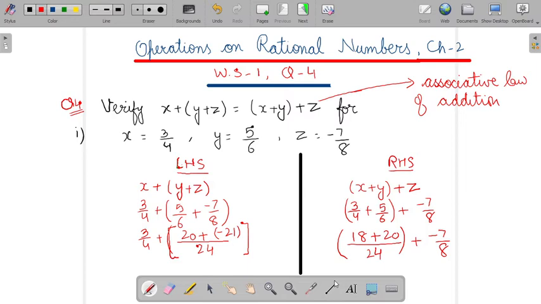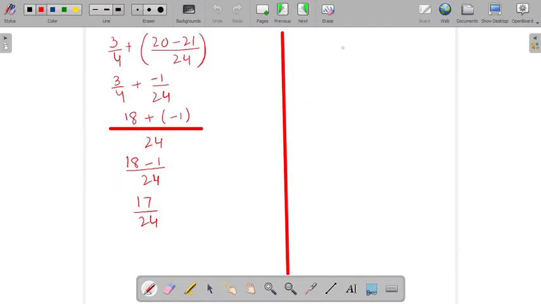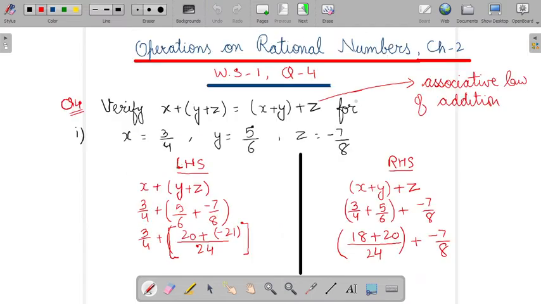Now, solving it, 18 plus 20 is 38 upon 24, plus minus 7 by 8.